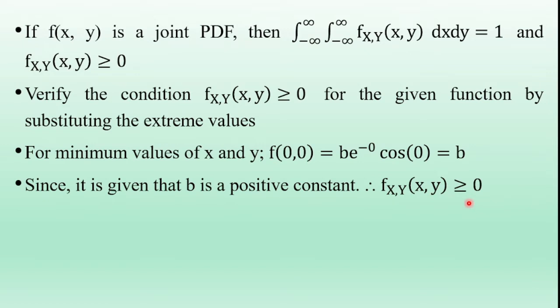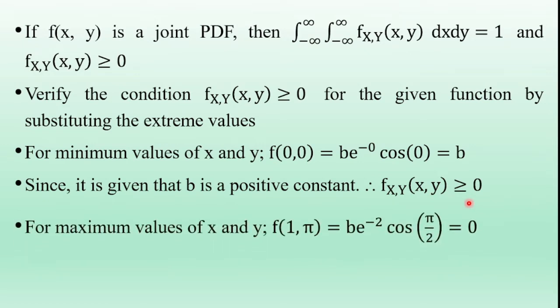Therefore fxy of x comma y is greater than or equal to 0. And for the maximum values of x and y, from the given data the maximum value of x and y is 1 comma pi. So in the given joint density function, substitute x is equal to 1, y is equal to pi, we get f of 1 comma pi is b e power minus 2 into cos of pi by 2. Cos of pi by 2 value is 0, 0 into something is 0, so f of 1 comma pi is 0.